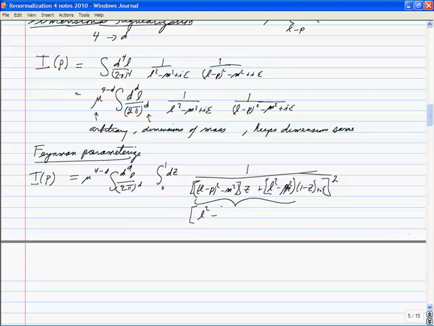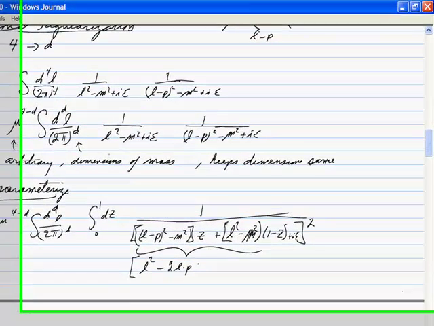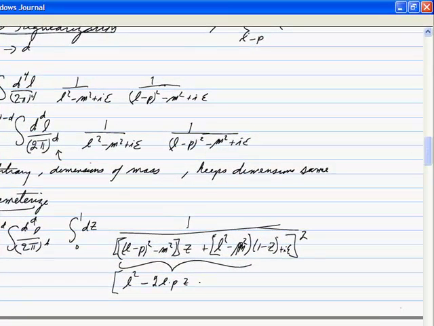So it's L squared minus 2 L dot P z plus P squared z minus M squared, with a factor of 1. So that's that.